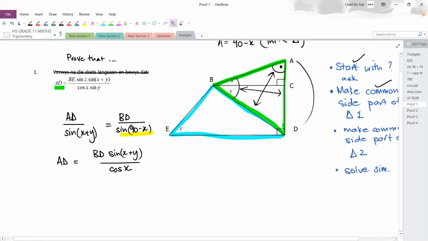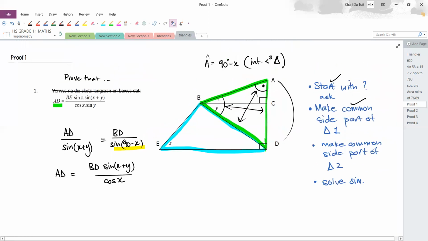So I'm finished with the second step. Make the common side part of the first triangle. Now I'm going to make the common side BD part of the second triangle. So now I'm going to use BD over sin Z. And then I also have to make BE, because BE is in the answer.